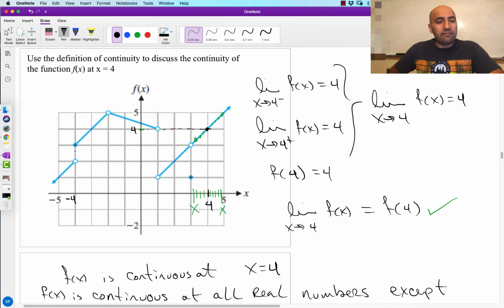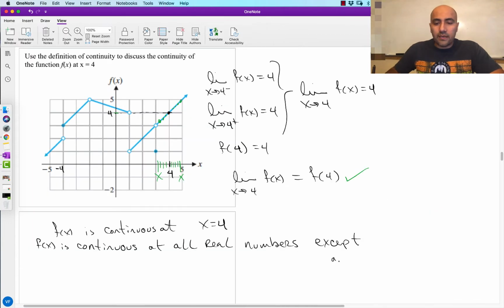The problem at -4 started by the fact that the limit did not exist, right? One limit is this direction, the left limit goes toward 2, the right limit goes toward 3, the limit does not exist, so this is definitely not continuous there. So let's put an except at x equals -4, and we saw that the problem there is that the limit doesn't exist.